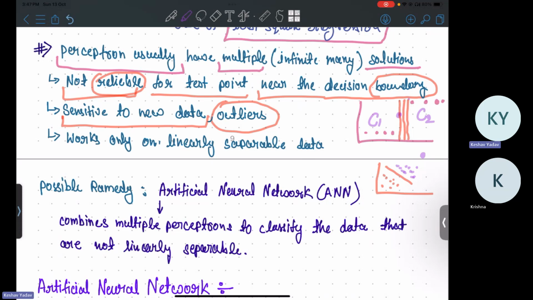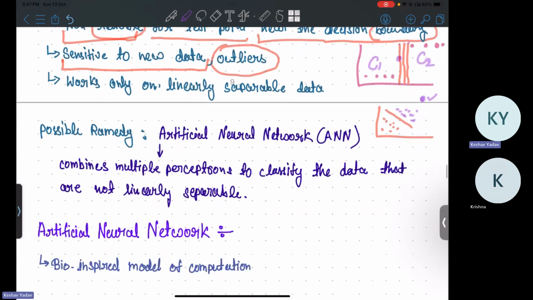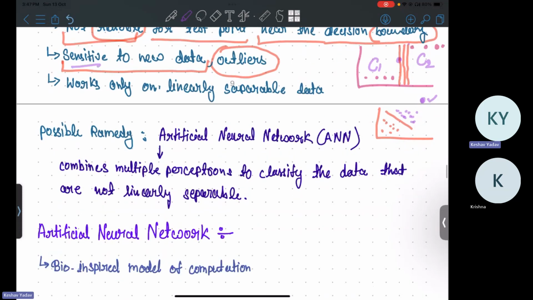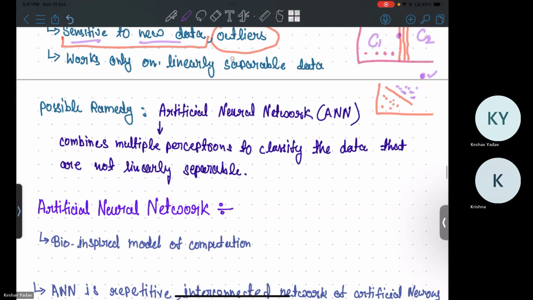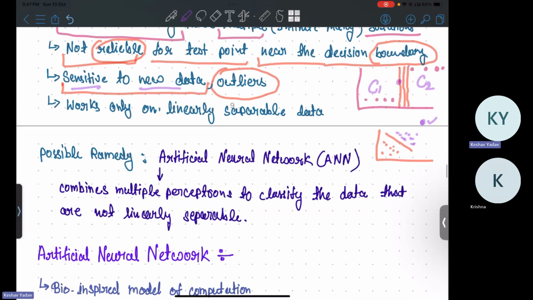So this boundary will be affected by this data also, although this is a kind of outlier. So this may change the solution. So this is one issue, that it is sensitive to outliers. But what should a machine learning model do? It should neglect the outliers. The perceptron is not able to neglect the outliers.